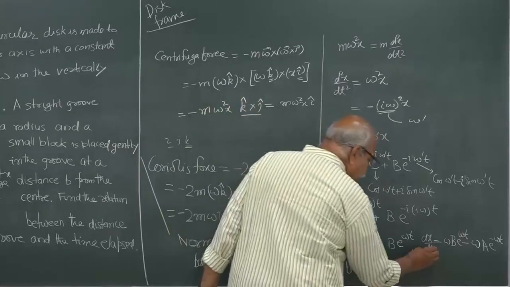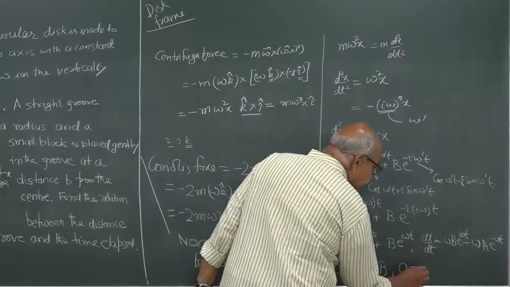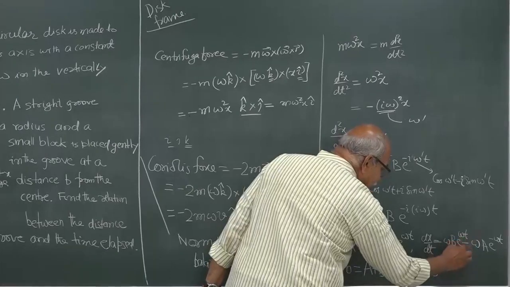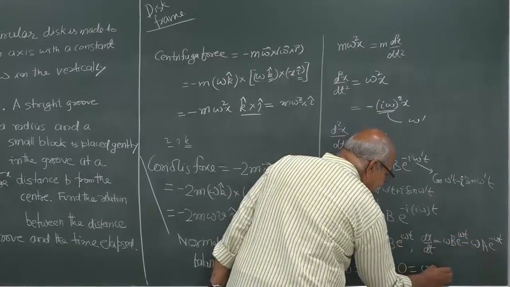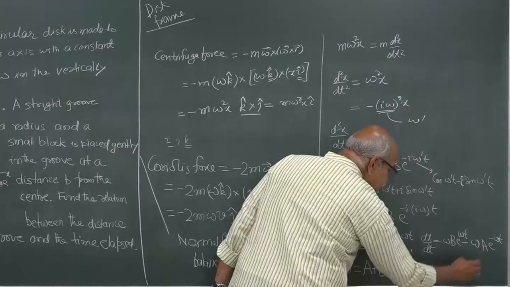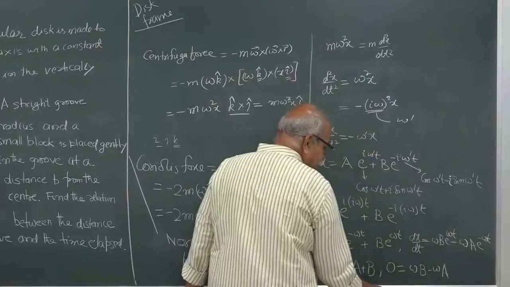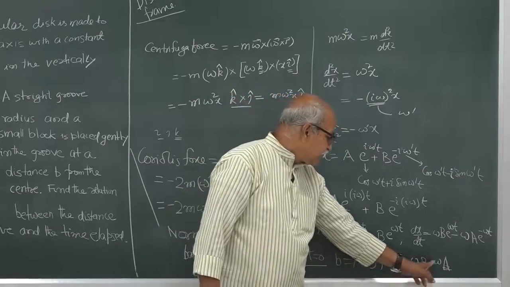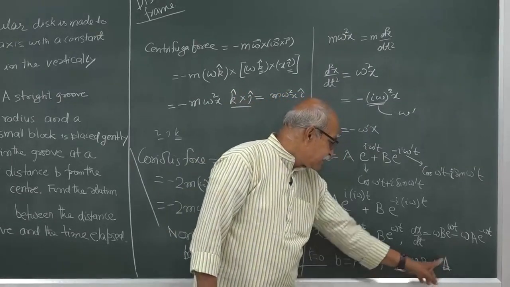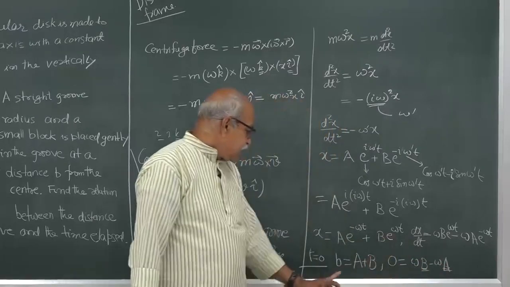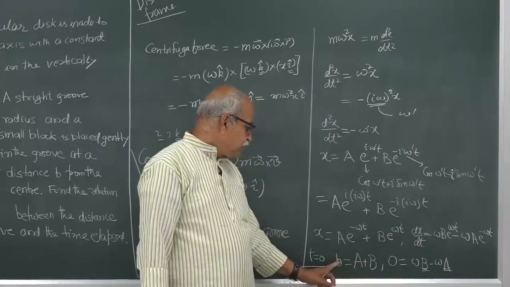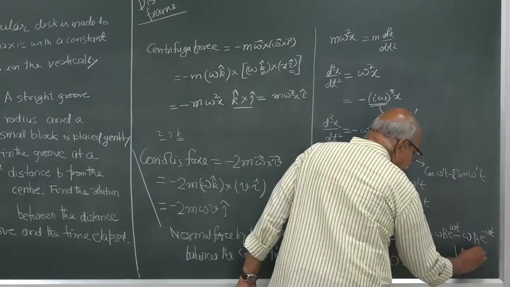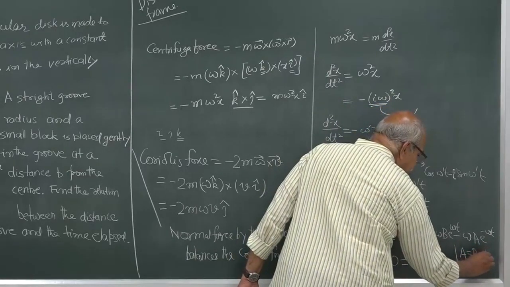Therefore 0 is equal to omega B minus omega A, since the exponentials are 1. So A and B are the same, and the sum of the two is b, so A is equal to B is equal to b by 2.